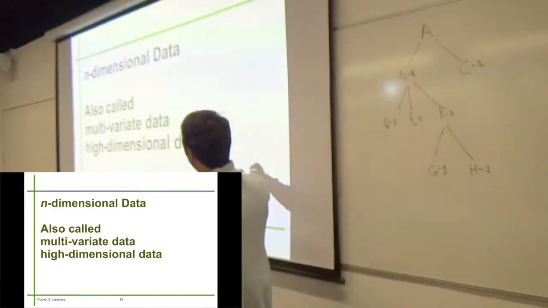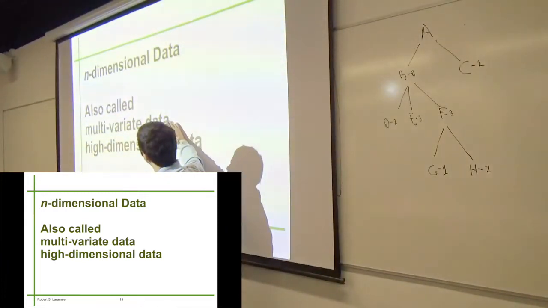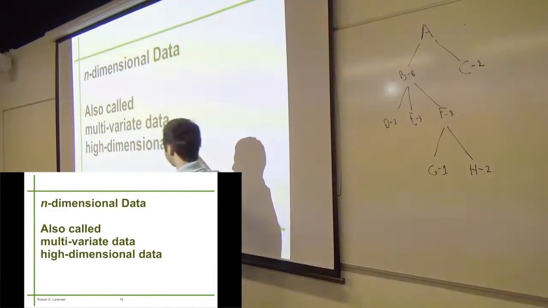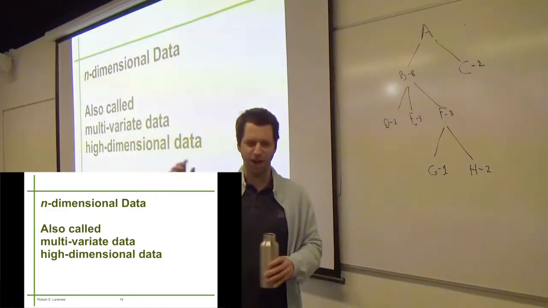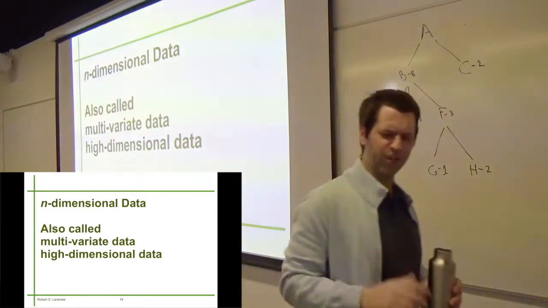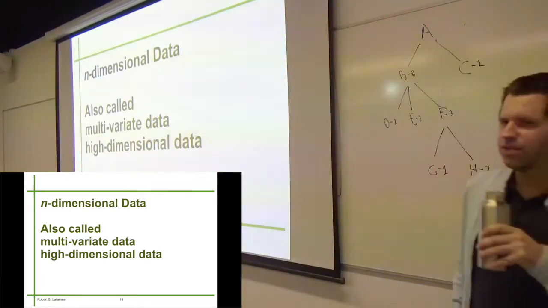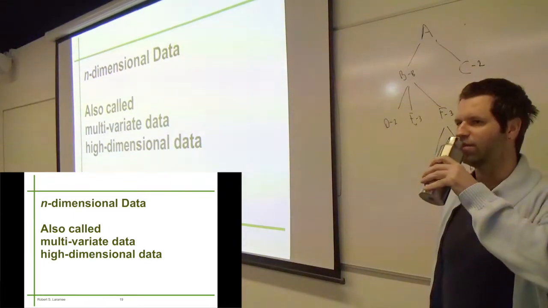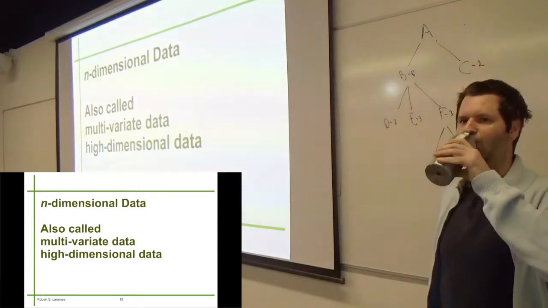Some people might make a distinction between these two, being multivariate is 5 and less, and high-dimensional is 6 and up. But generally speaking, these terms are used interchangeably. Maybe that will change someday, but that's the way it is these days.